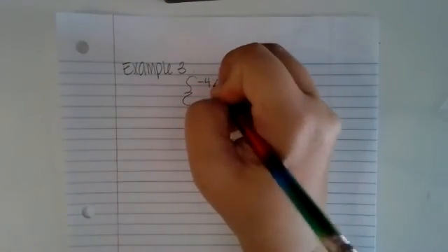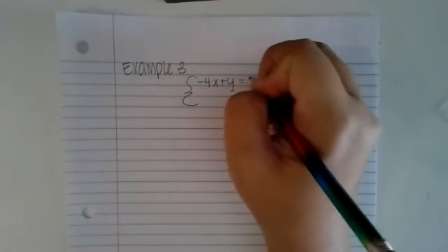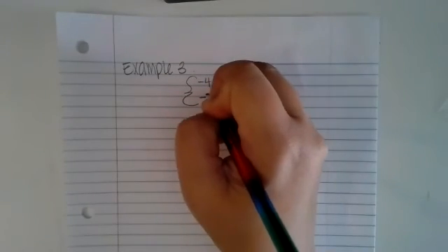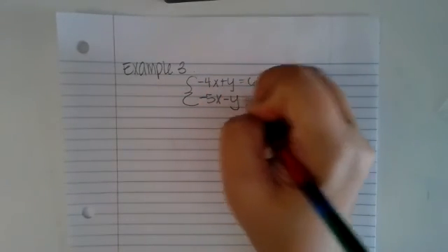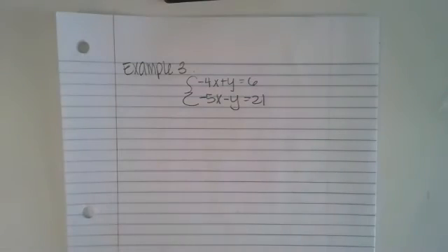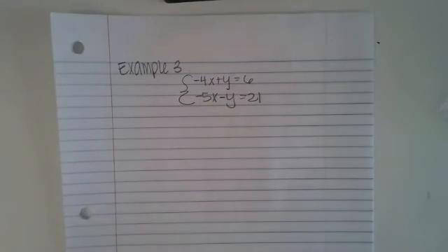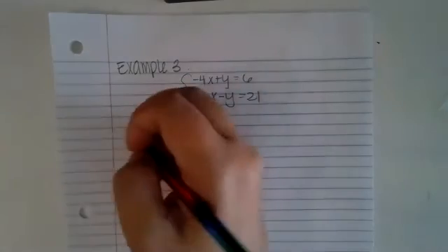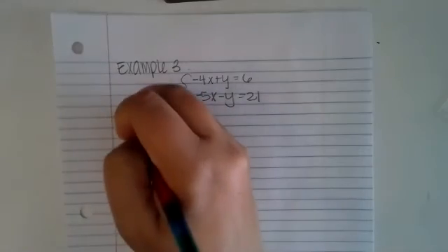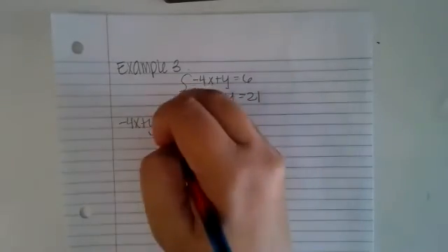Example 3 is negative 4x plus y equals 6 and negative 5x minus y equals 21. Neither one of these is set equal to a variable, so I need to start by converting one of them. I'm going to just choose the first one.